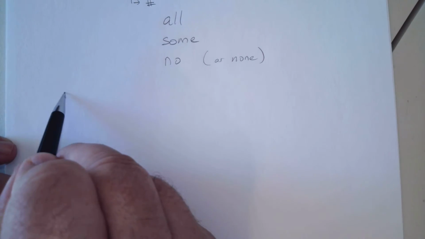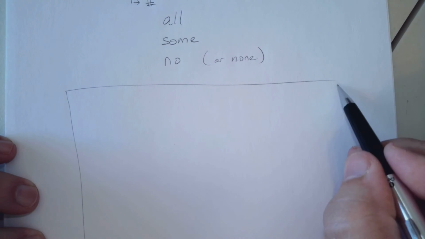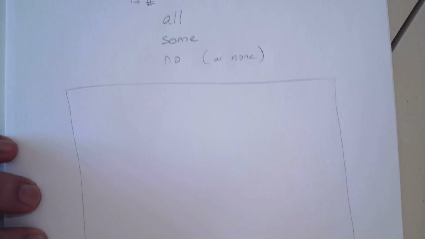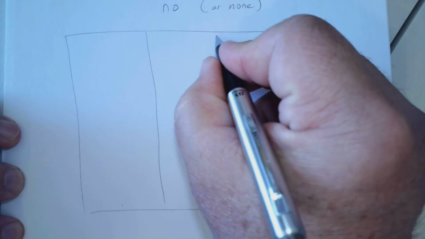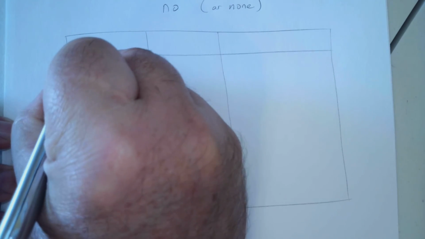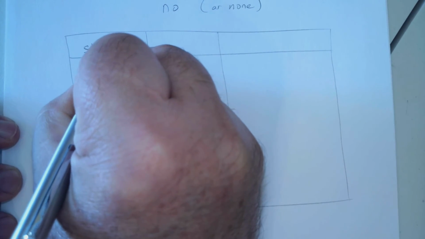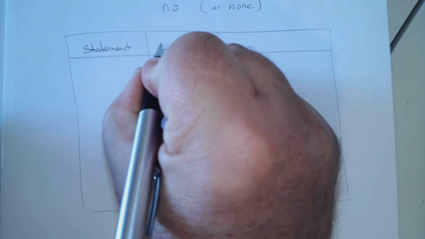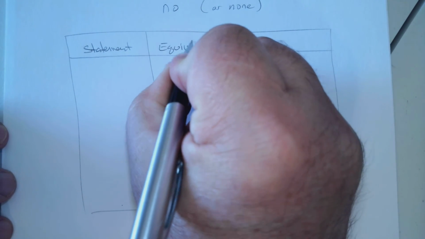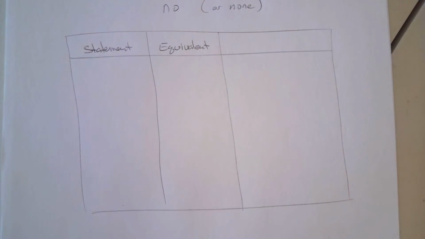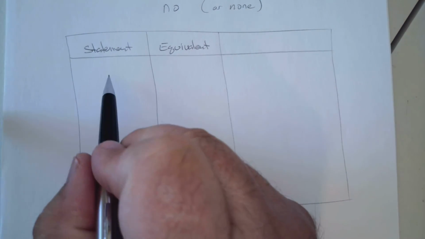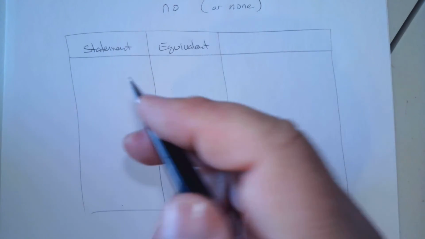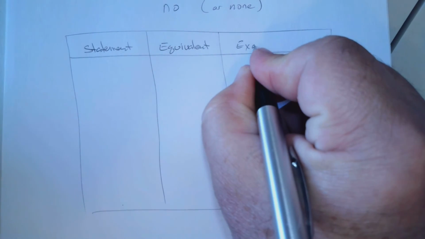Here are some examples. Let me create a table here for you. Here's the statement. Here's an equivalent statement. What that means is the same as, similar, but written a little bit differently.